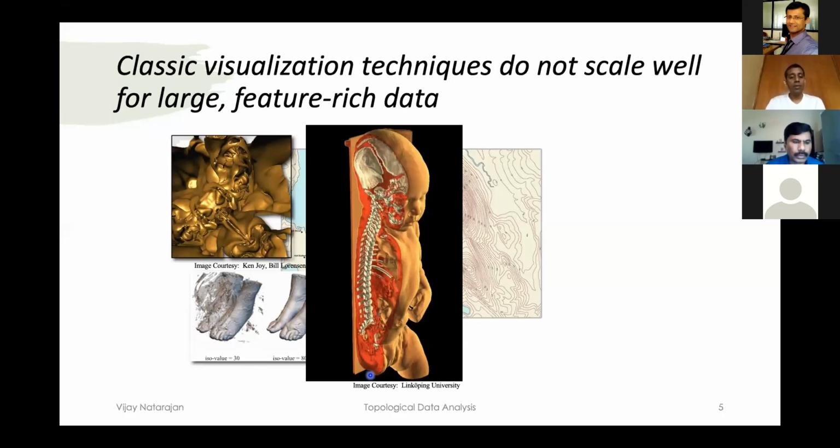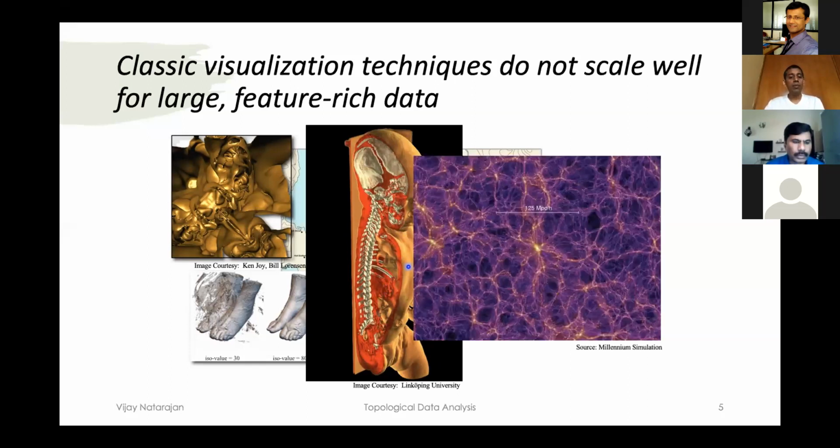Another classic visualization technique is volume rendering, where you display the entire volume using transparency. Here, transparency or slicing is used to understand the inner details of a particular scan. You can see the bone structure, some of the blood vessel structure, and the skin structure.